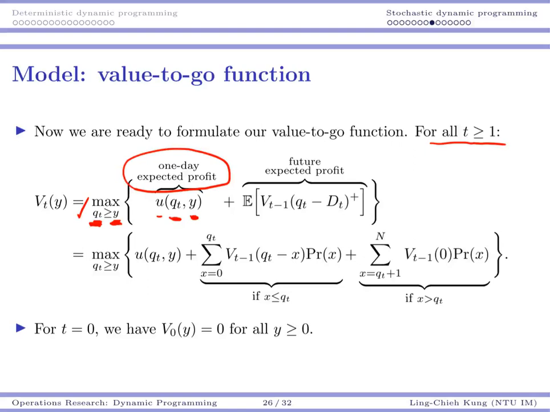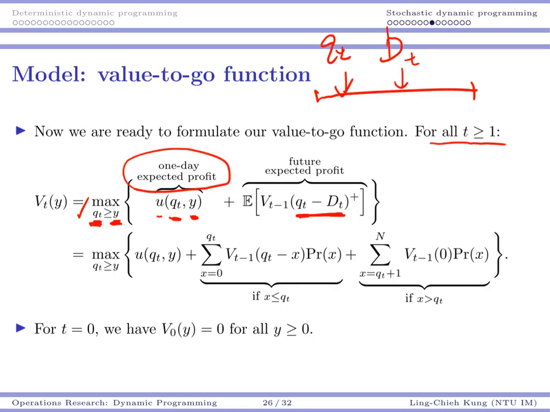And once you do that, you know you're going to leave something for tomorrow. You have QT after you do the ordering, but there will be random demand. That random demand is going to be deducted from your inventory.